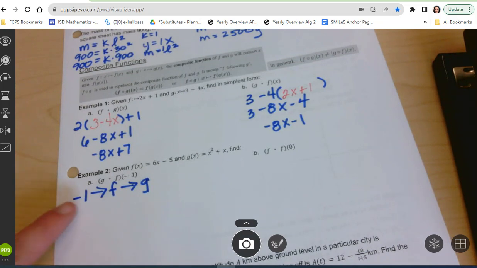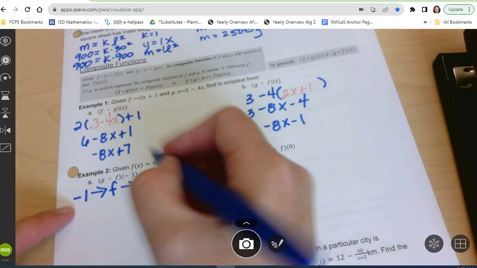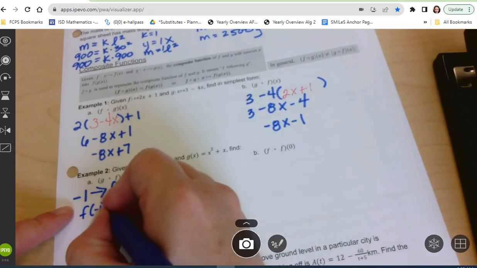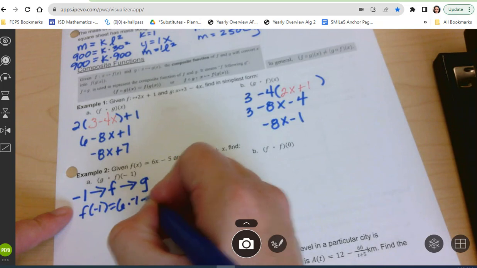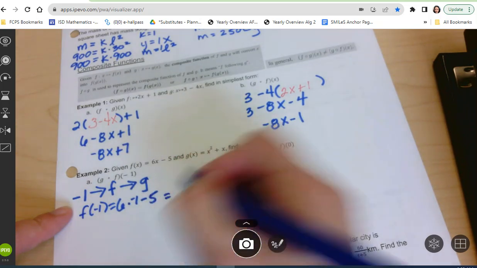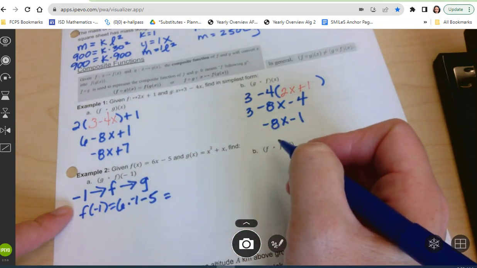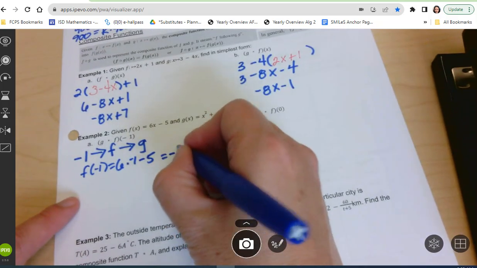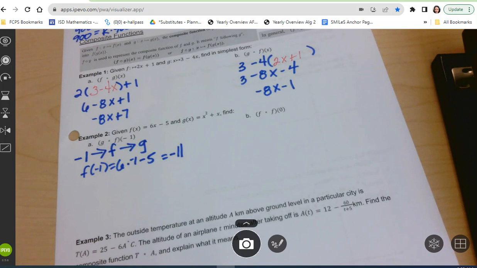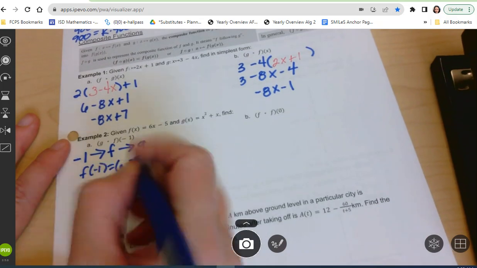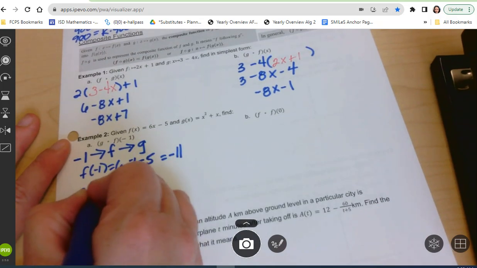All right, so negative 1 goes into f. F of negative 1 is 6 times negative 1 minus 5, which is negative 6 minus 5, negative 11. And then you take that answer and you put it into g, your outside function. So the negative 11 will be g of negative 11.